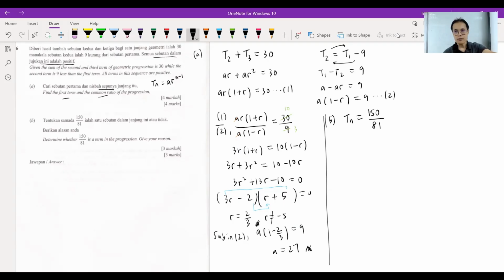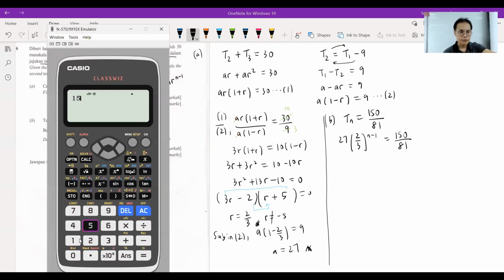So we know our A is 27, we know our R is 2 over 3, and n minus 1, equals 150 over 81. Now use your calculator, take 150 over 81, then you divide by 27. You should get 50 over 729.